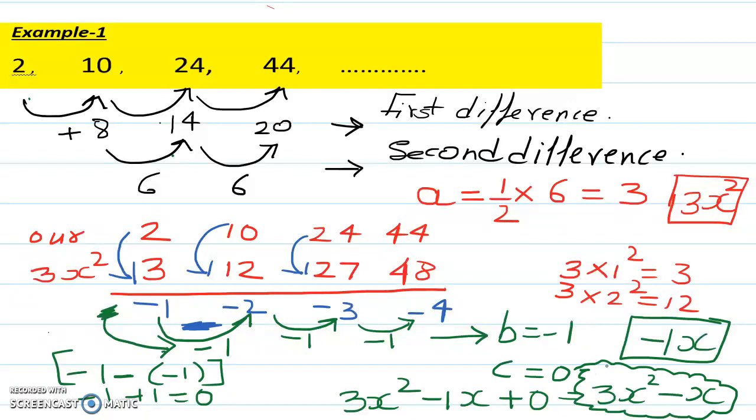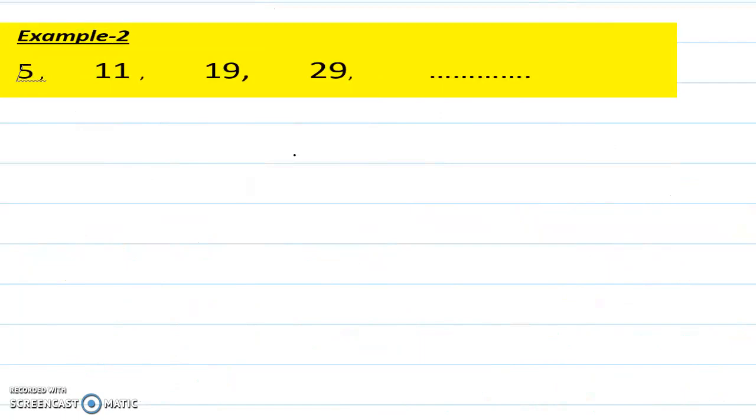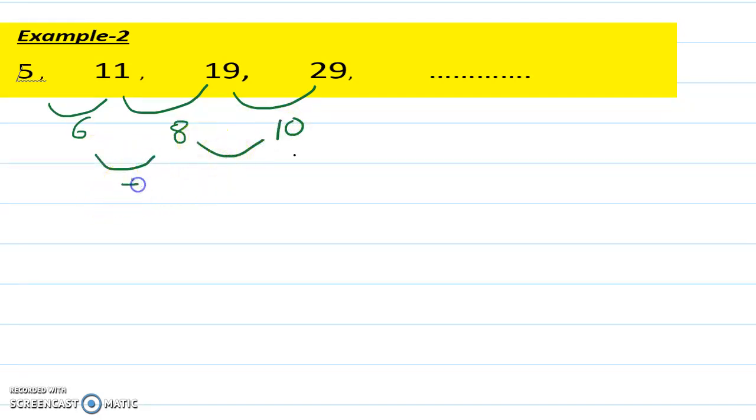Quickly we can see another question: 5, 11, 19 and 29. From 5 to 11 is 6, then 8, then 10. Similarly, from 6 to 8 and 8 to 10, you are adding plus 2 and plus 2.